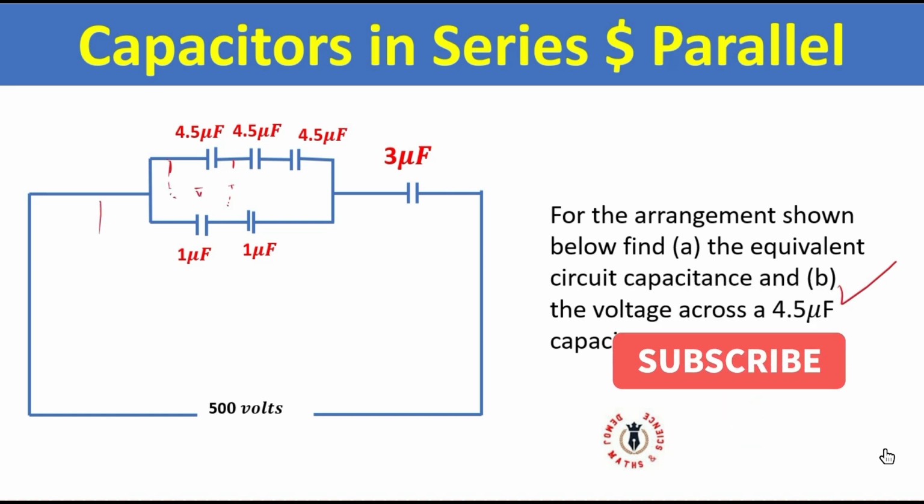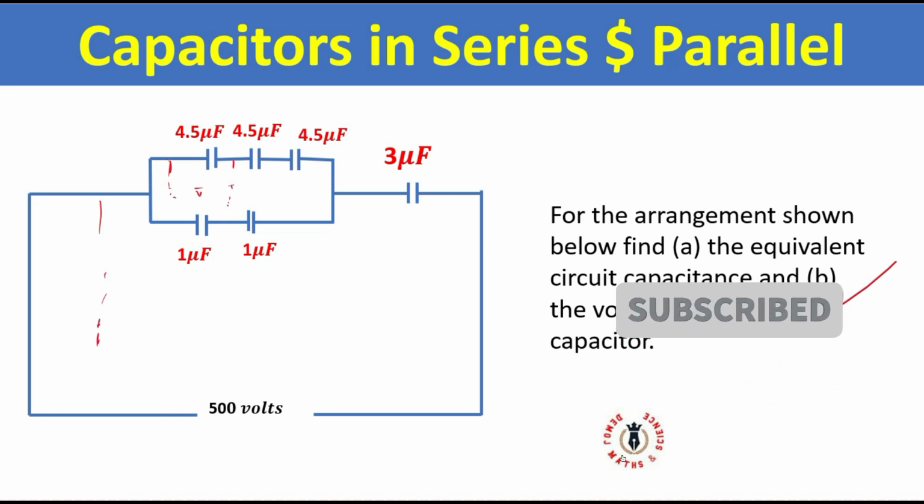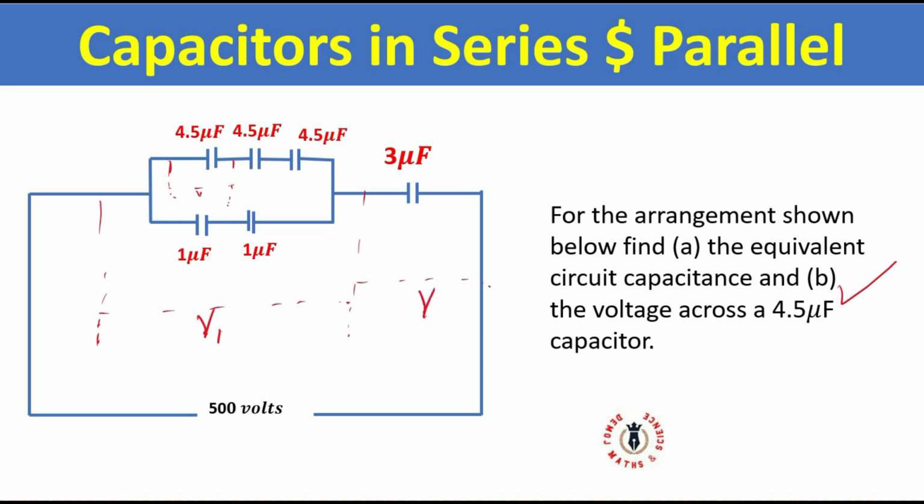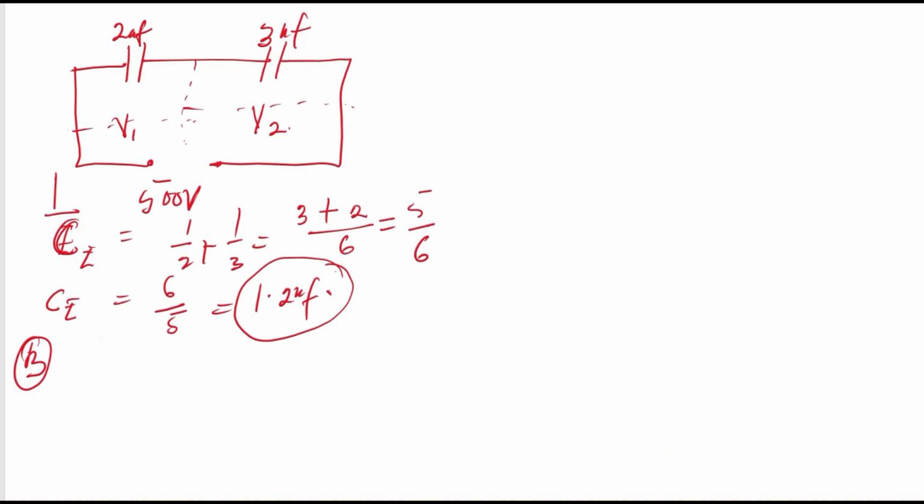First, we'll be interested in the voltage across the parallel circuit, which we can easily calculate, which we have called V1. And the voltage across this circuit, we have called V2. Here's my V1, and here also is my V2.